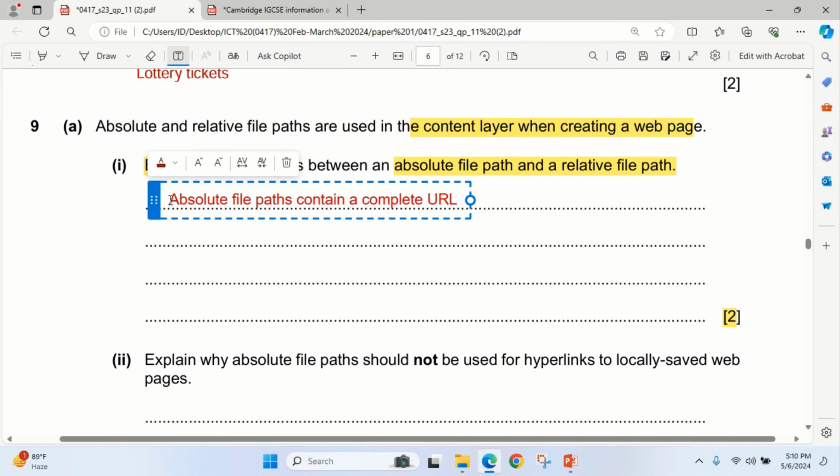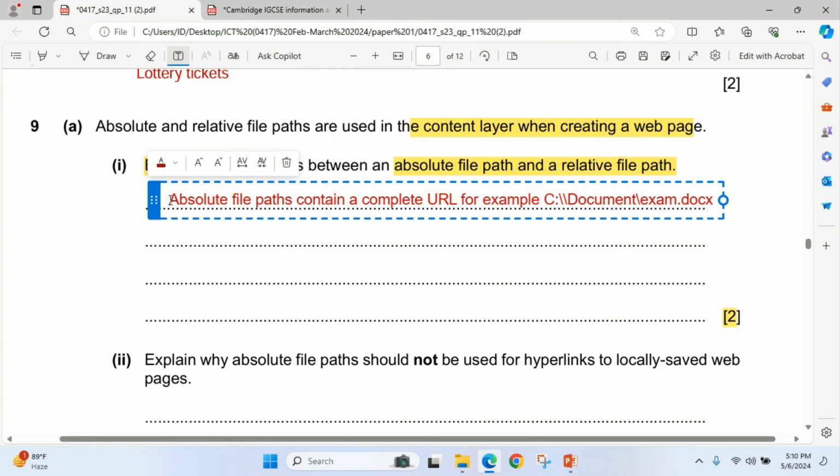For example, you could have something like C, file paths, document, and exam.docx, something like that. Then when you talk about relative, a relative file path only includes a specific file or page.